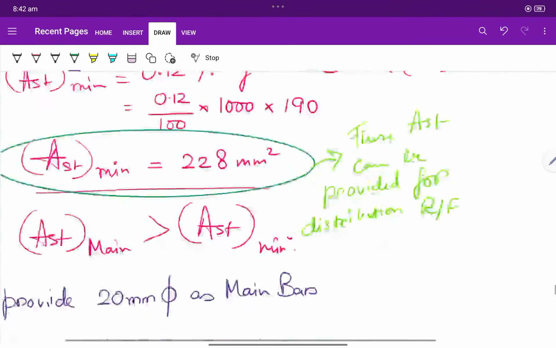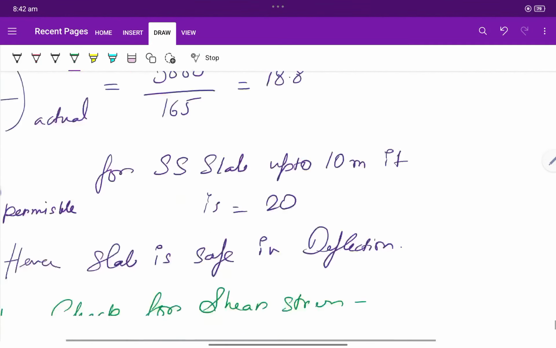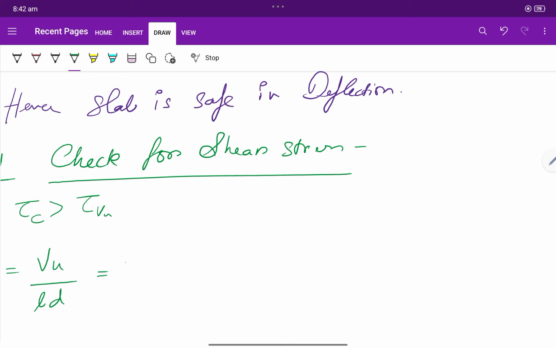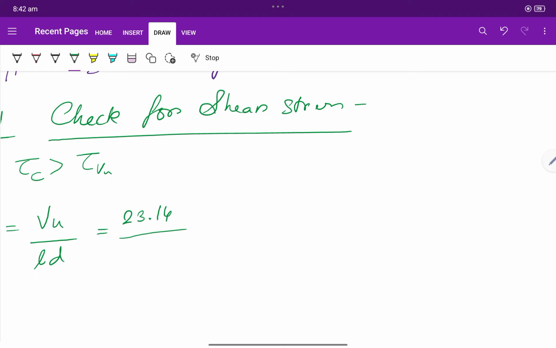So 23.14 divided by b into d, where b is 1000 and d is 165. So tau vu will be coming to 0.15 Newton per mm square.